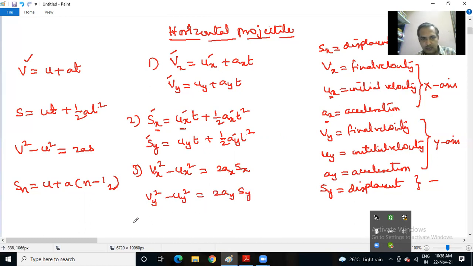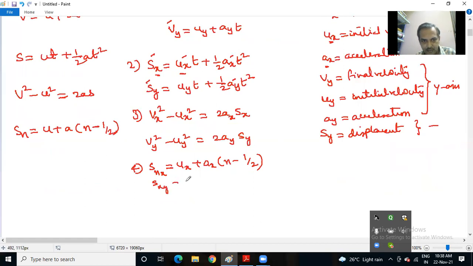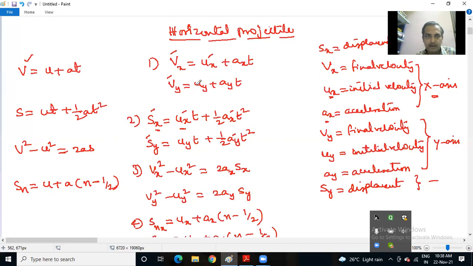Last, the fourth equation: S nx = Ux + Ax(n - 1/2), and S ny = Uy + Ay(n - 1/2). Writing these equations is very important, because all of a sudden you may get Vx or Ux, so as not to get confused. When the body moves in a plane, it possesses velocity, acceleration and displacement both along the x-axis as well as the y-axis.